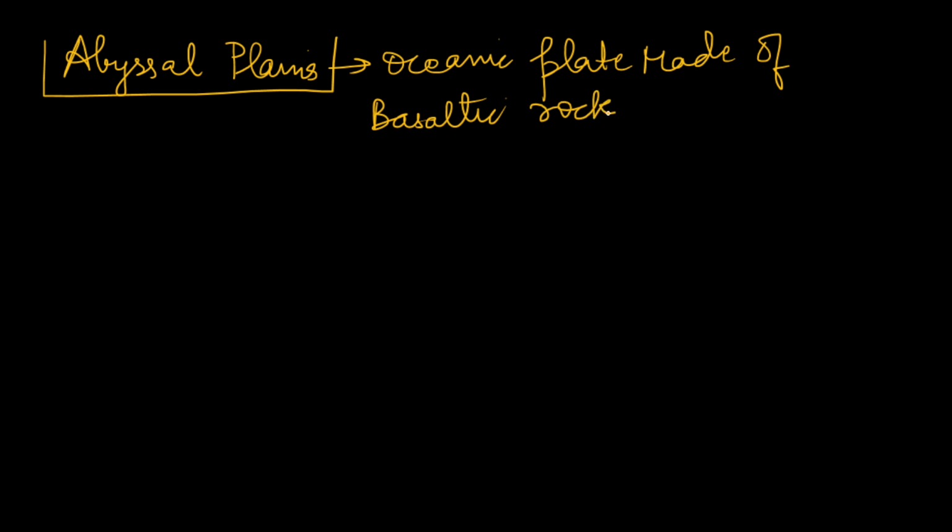And why they are made of basaltic rocks, we all know, is due to volcanic eruptions. That we will discuss when we discuss the plate tectonics theory and the ocean in detail, all these things. So we will discuss there only. Here you will find polymetallic nodules in the abyssal plains.